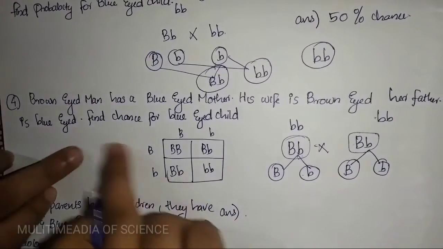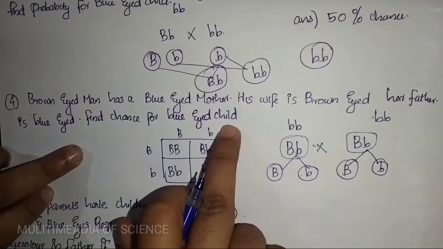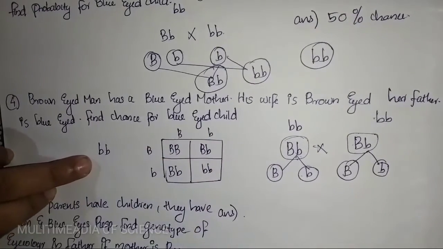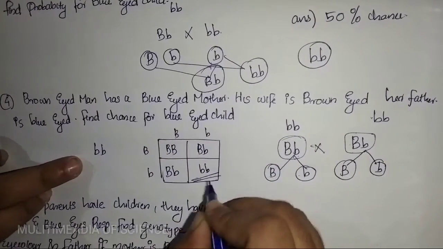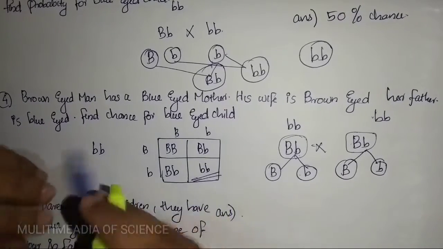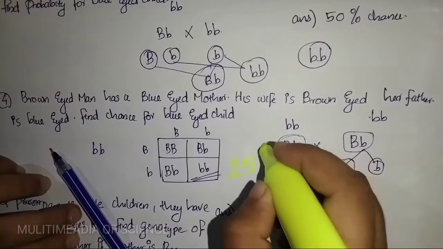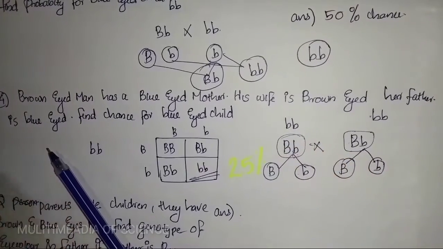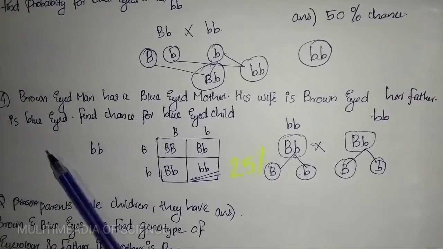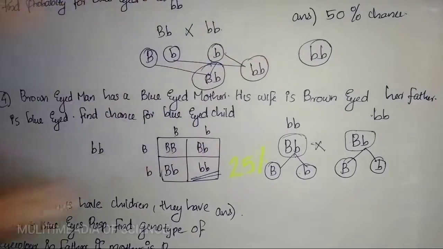Here, the question is to find the chance for the blue-eyed child. Blue-eyed means small b, only one. What is the chance? Only 25 percent chance is there for the blue-eyed child to appear. Hope that it is clear for you.